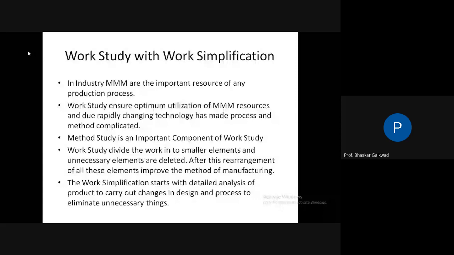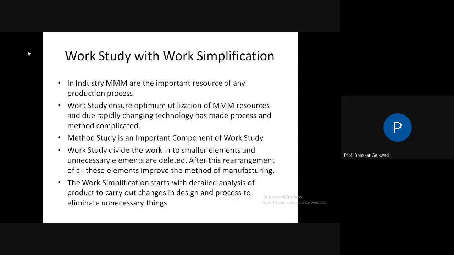Okay. Now you have to concentrate on man, on material, and on the manufacturing process or money. Work study ensures the optimum utilization of these three resources: man, materials, and machines.